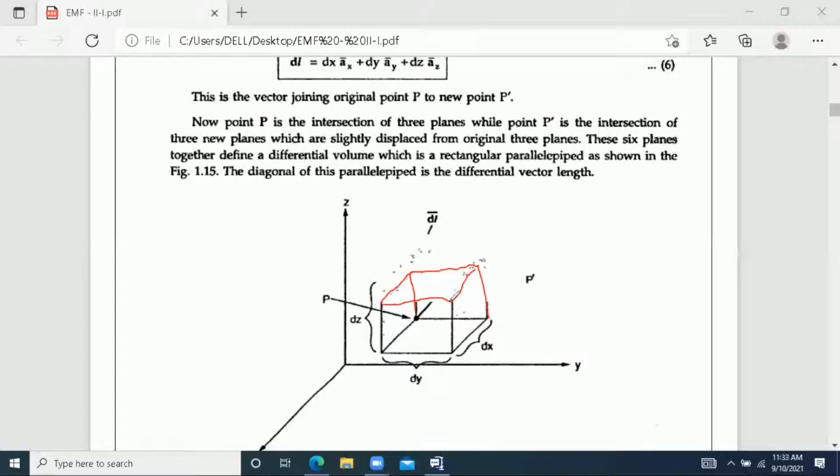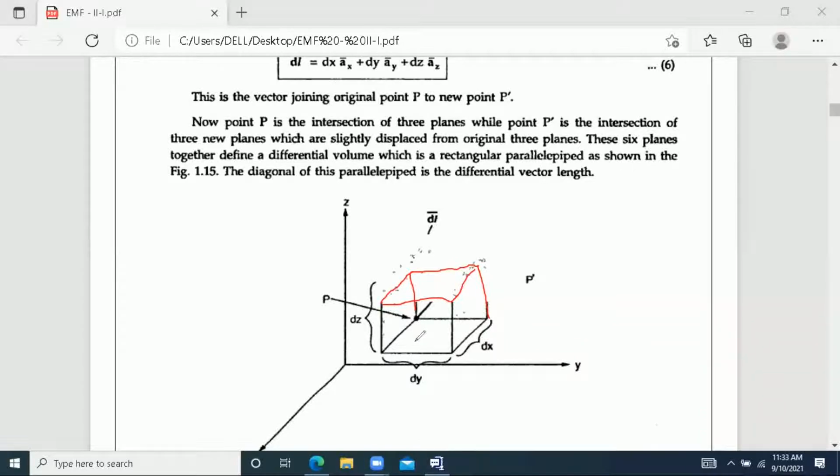So this is the origin, right? So this surface here would be some amount of y multiplied by some amount of z, but the direction that's normal to it would be in the ax.